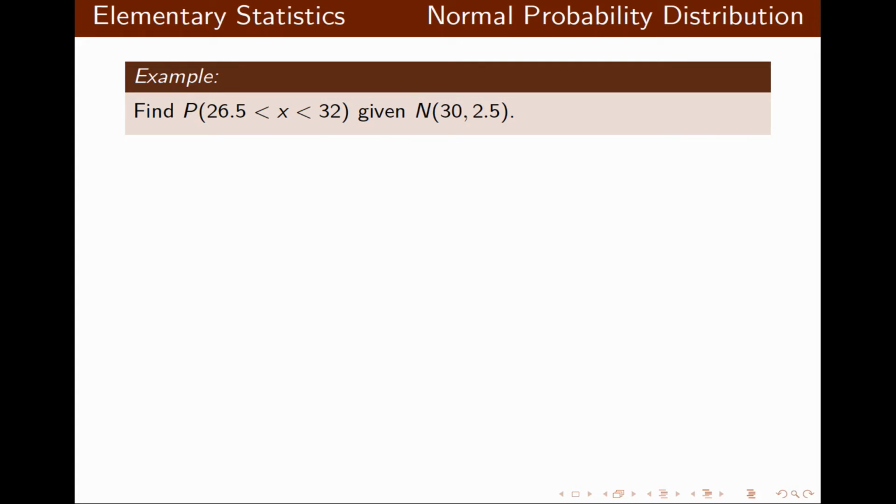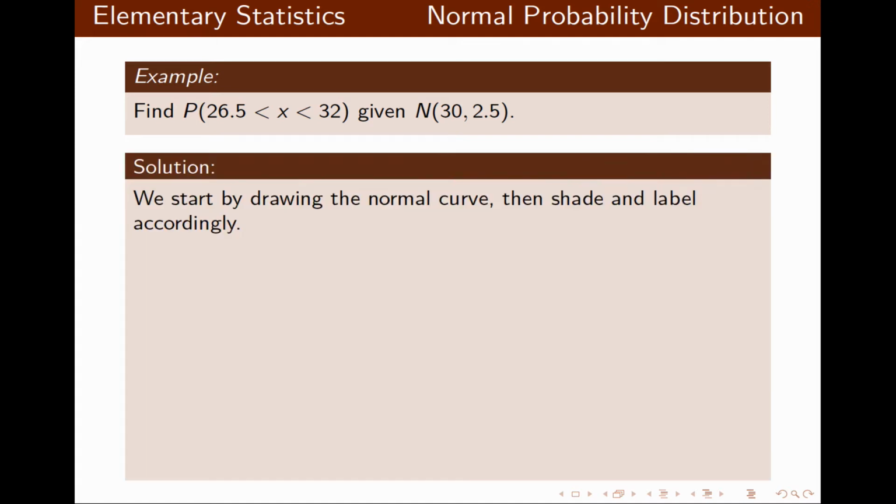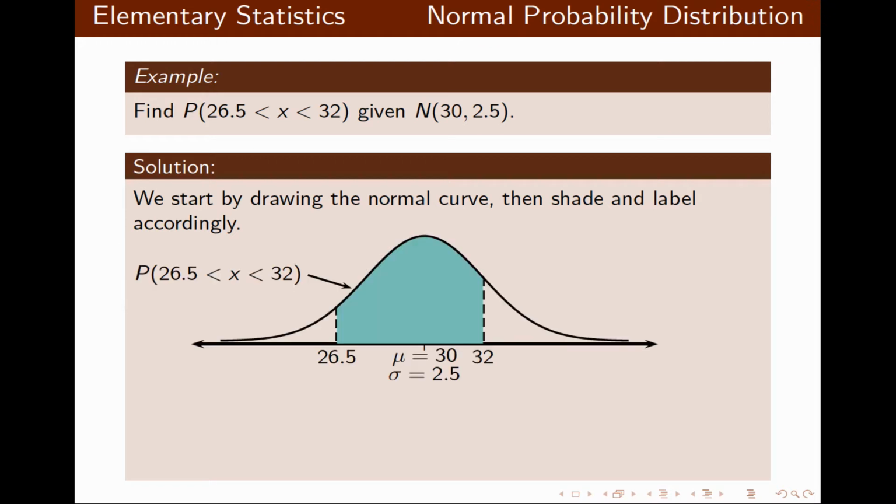Let's find the probability that x falls between 26.5 and 32 given a normal distribution with the mean of 30 and a standard deviation of 2.5. We're going to draw the normal curve. We're going to shade it and label it accordingly. This shaded area represents the probability.